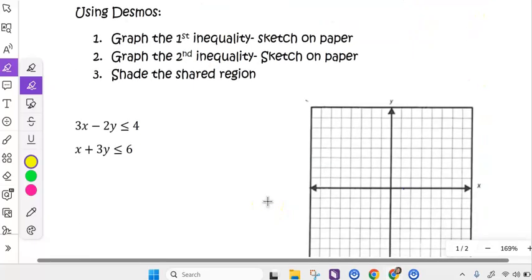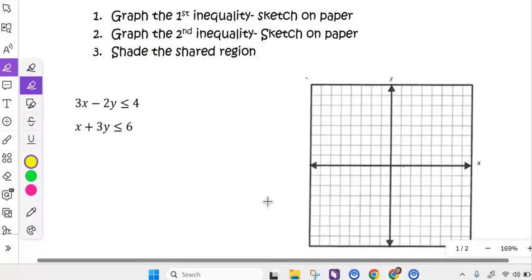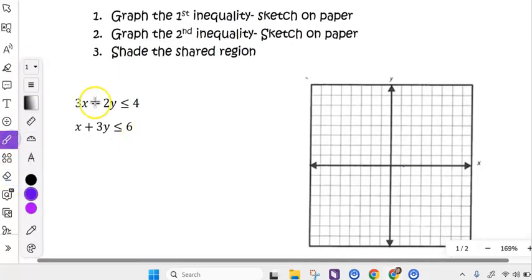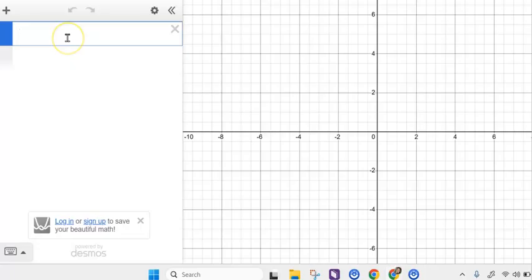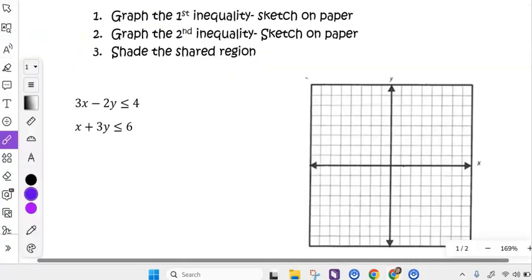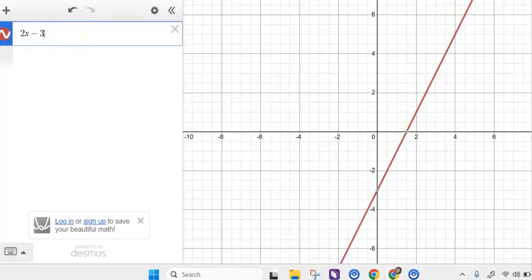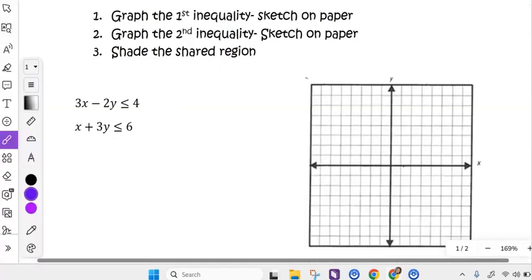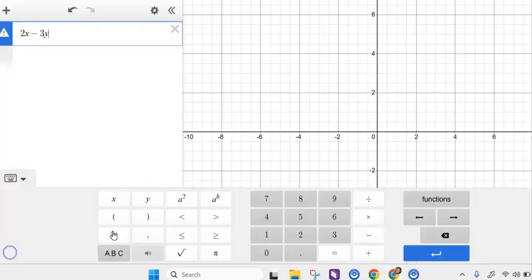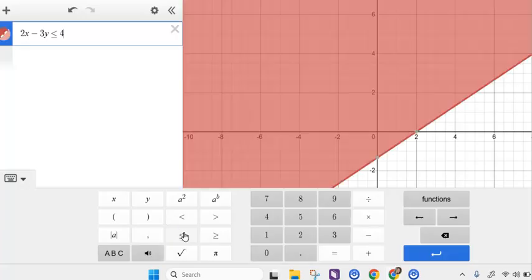You're going to grab the first inequality, sketch it on paper, grab the second inequality, and then shade the shared region. So I have 3x minus 2y is less than or equal to 4. So I'm going to go to Desmos. 3x minus 2y is less than or equal to 4.